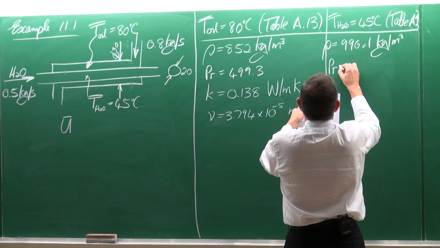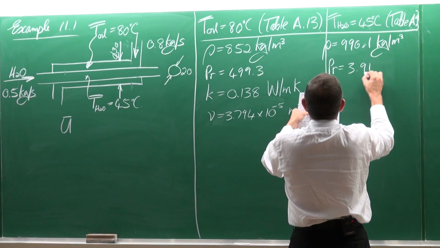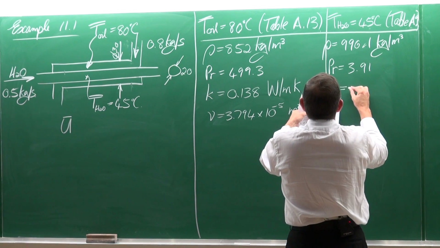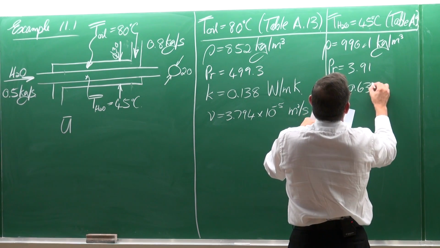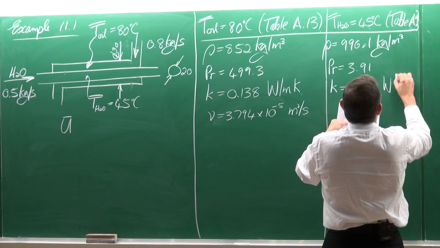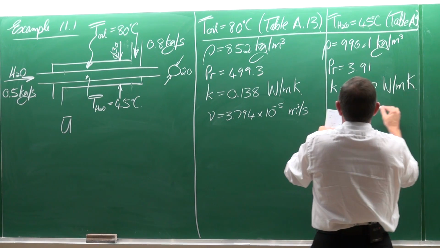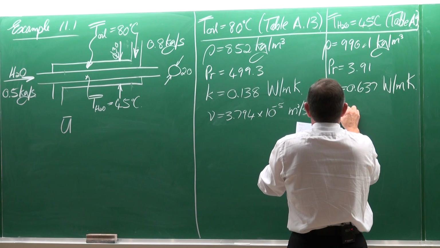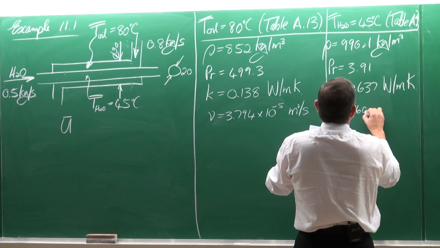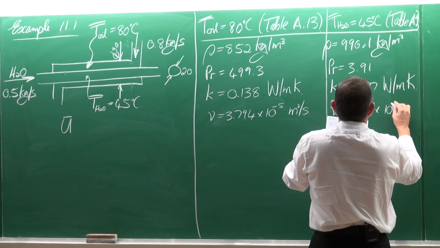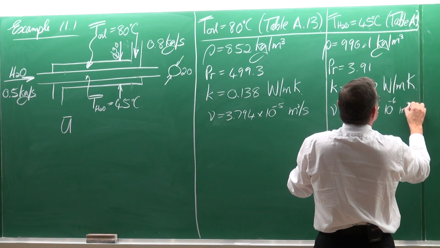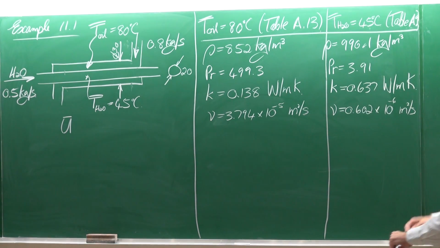The Prandtl number is equal to 3.91. The thermal conductivity k is equal to 0.637 watts per meter Kelvin. The kinematic viscosity is equal to 0.602 multiplied by 10 to the minus 6 square meters per second. The properties of the two fluids.